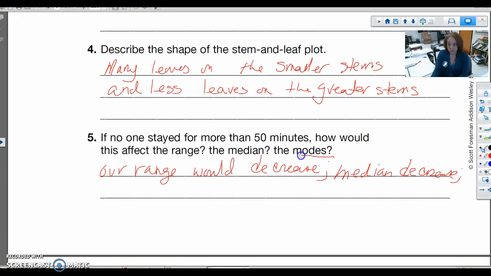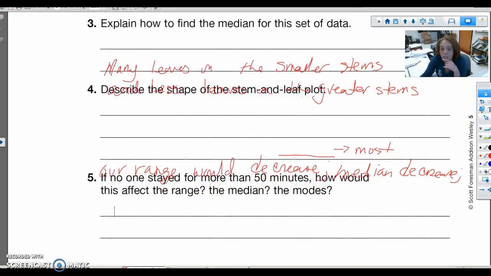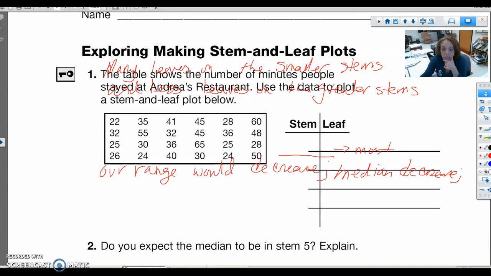And the modes. Okay, so what are the modes? The modes are the ones that happen the most. For an example, we had 25s. What else did we have on there? In the 20s, I think we had a few that were exactly the same. 25, 25. I thought there was a third 25.